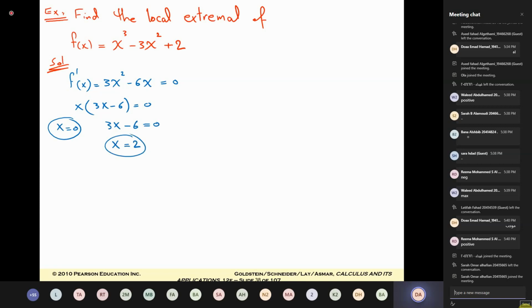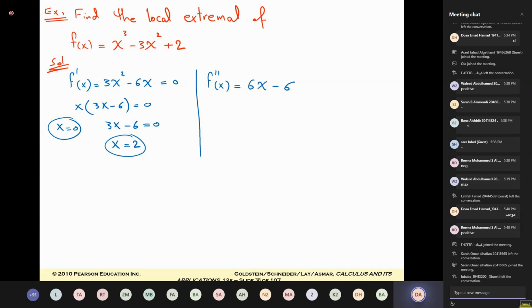Now we need to use the second derivative test. So f double prime equal what? Equal 6x minus 6. Now, substitute the first critical point 0: 6 multiply 0 minus 6, this is negative.